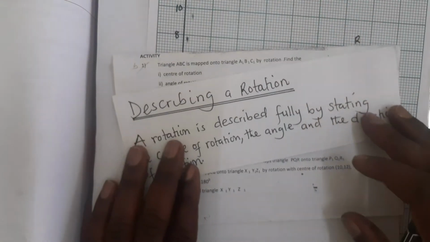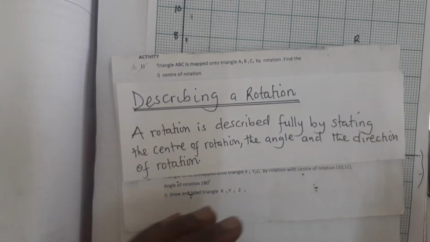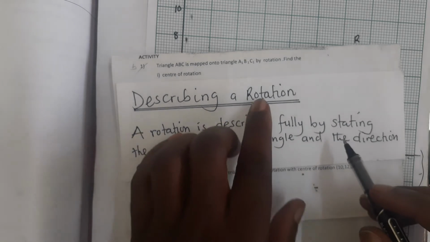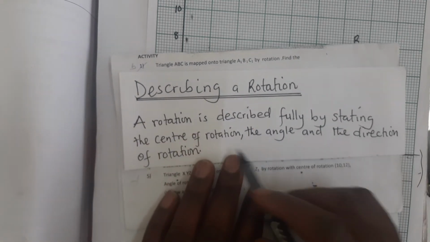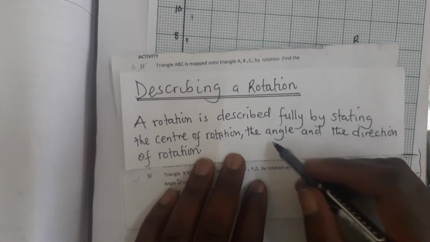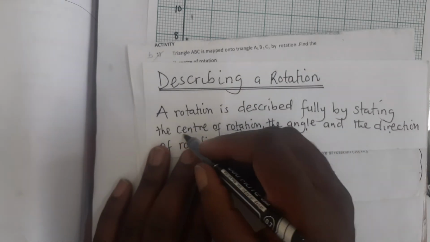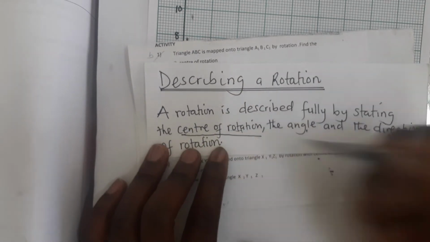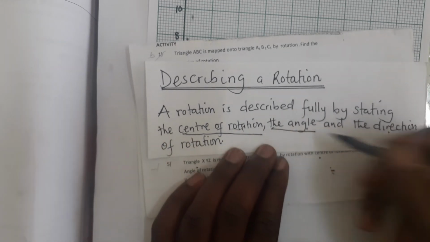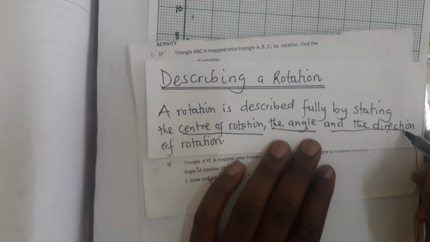Describe what? Fully. And what did we say we are supposed to state when we are describing a transformation? For instance, a rotation: the center of rotation, the angle of rotation, as well as the direction. Now, we have already found the center of rotation, the angle of rotation, and the direction.